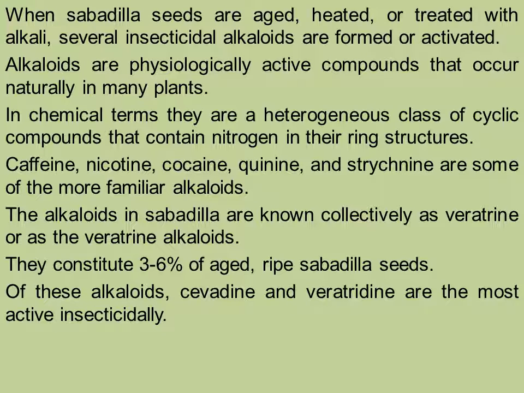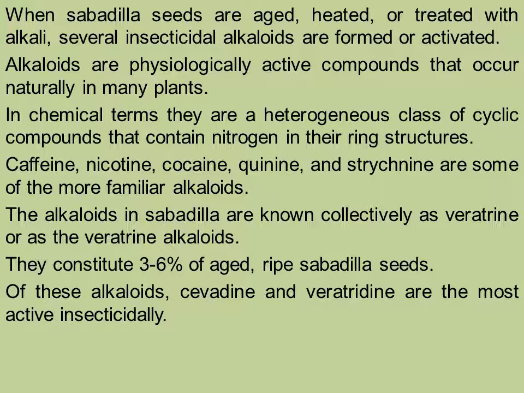When Sabidilla seeds are aged, heated, or treated with alkali, several insecticidal alkaloids are formed or activated. Alkaloids are physiologically active compounds that occur naturally in many plants. In chemical terms, they are a heterogeneous class of cyclic compounds that contain nitrogen in their ring structures.